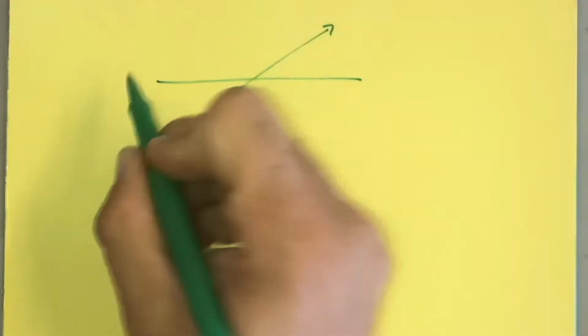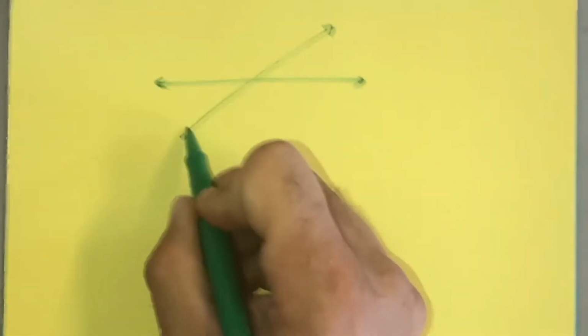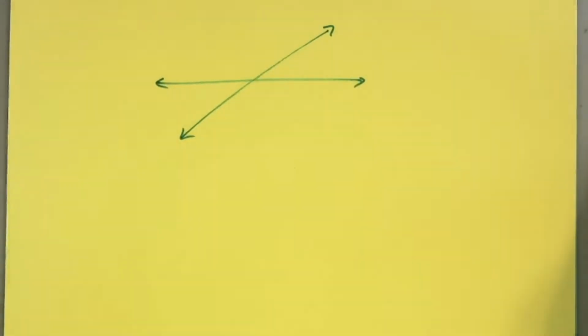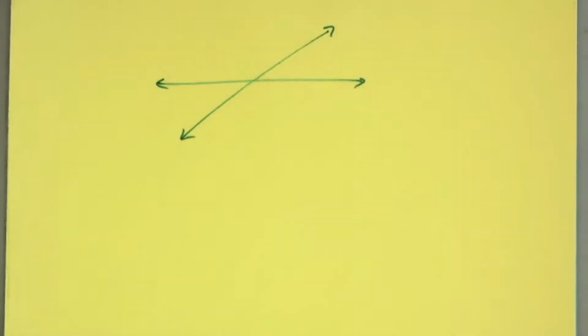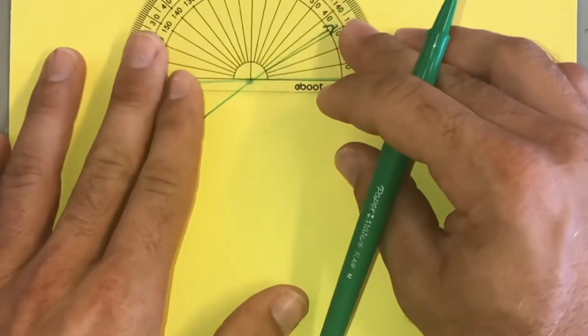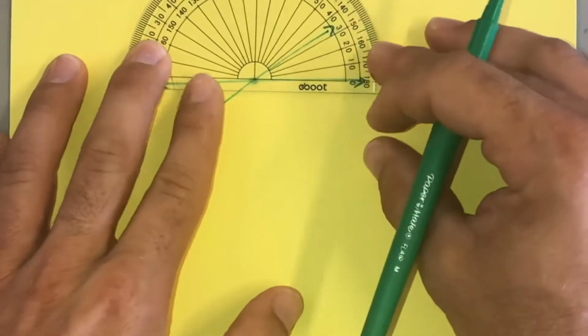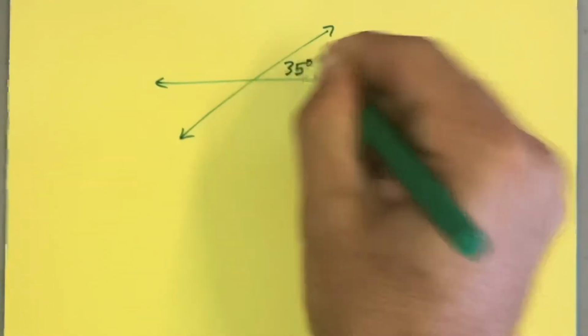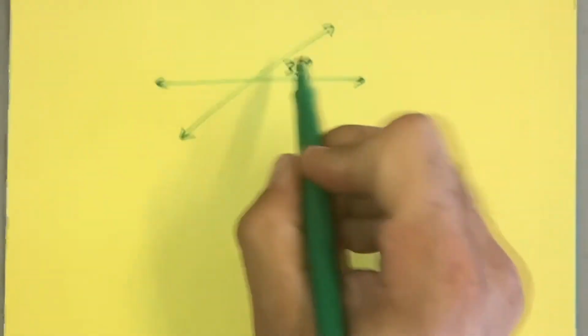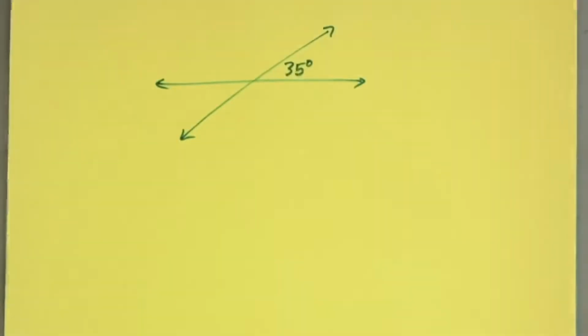This is an important, kind of 4-angle diagram we draw here. Let's say I just measure one angle here, and that's all I would need to do. Let's say this is about 35 degrees, okay? Once I find one angle, I can find all.